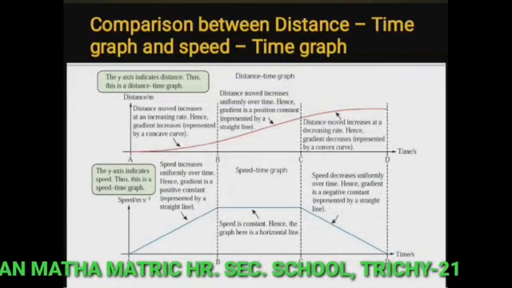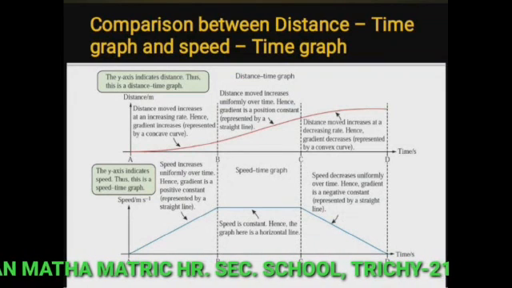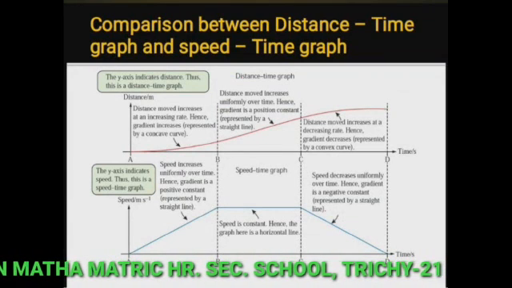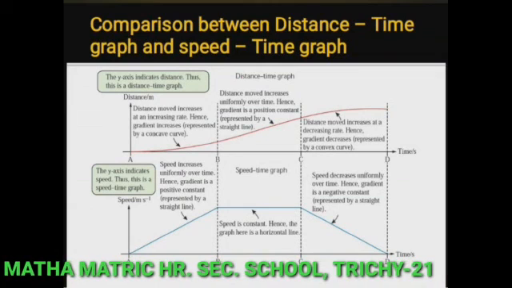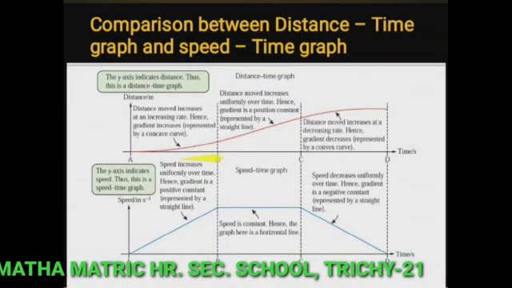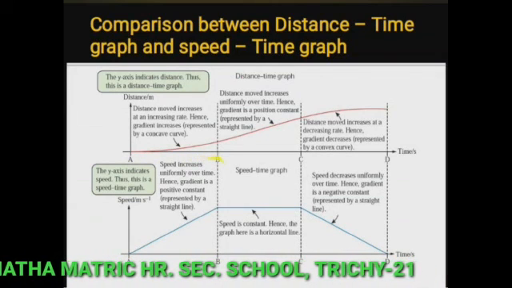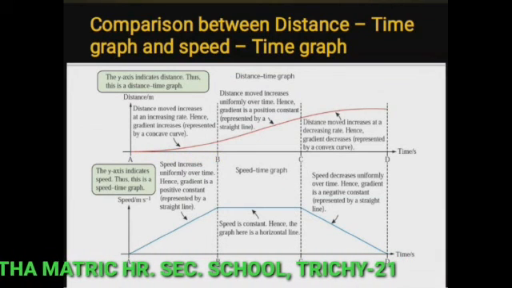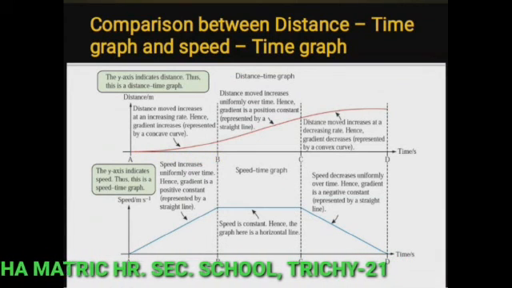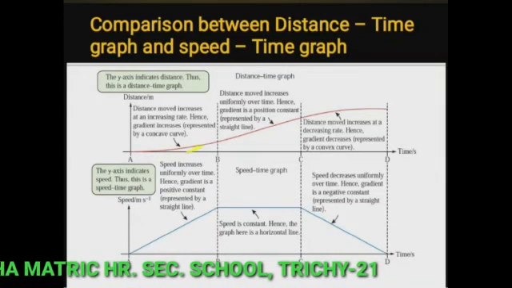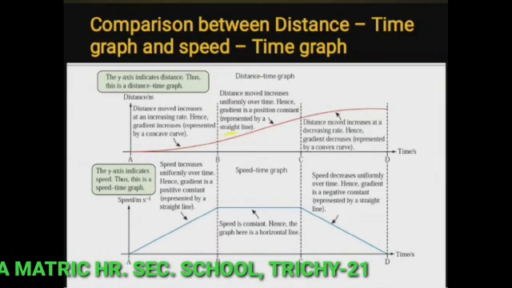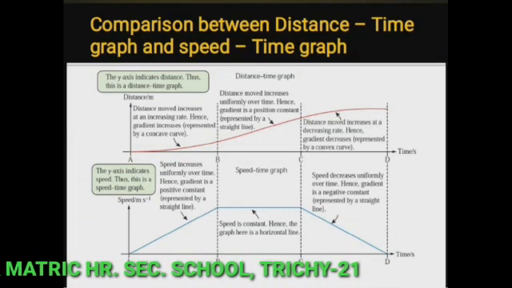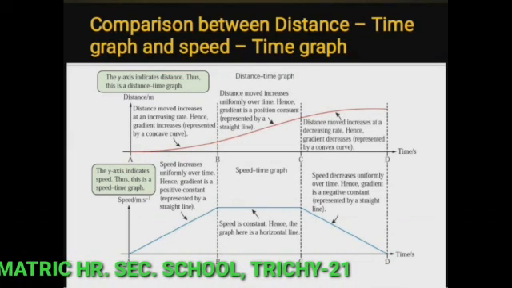Next, let us compare the distance time and speed time graphs. So here from A to B, car accelerates uniformly from rest. So here in distance time graph, distance moved increases at an increasing rate, hence gradient increases. So it increases slowly.